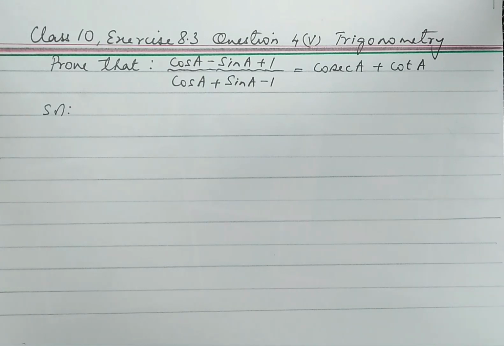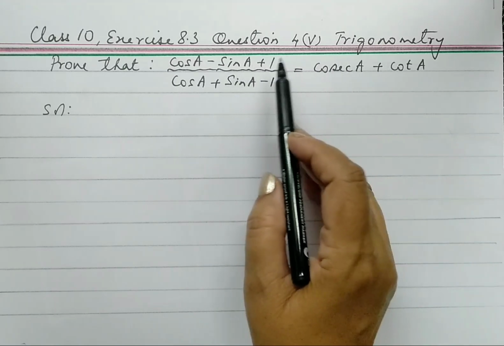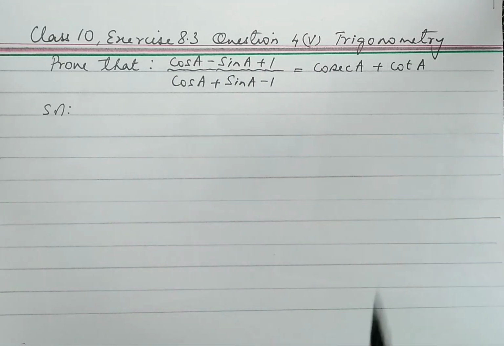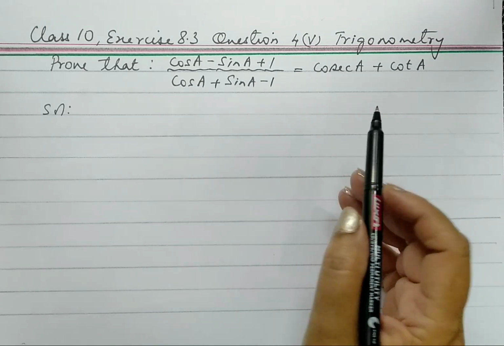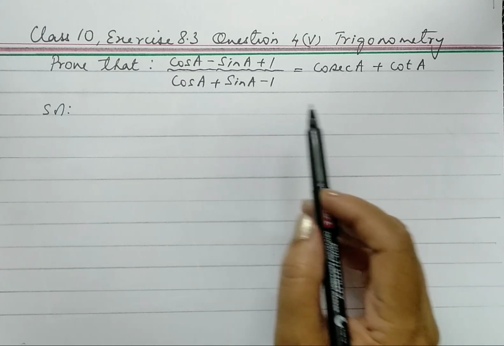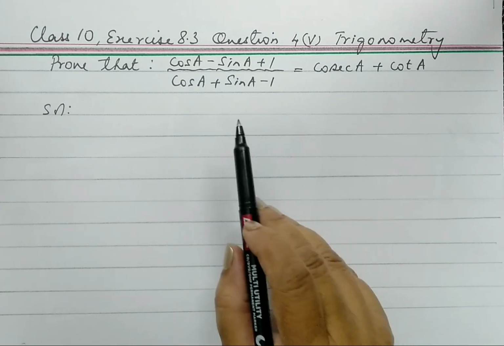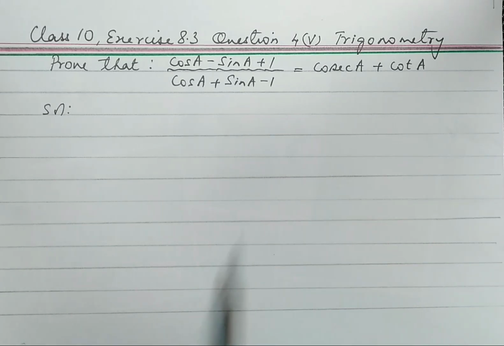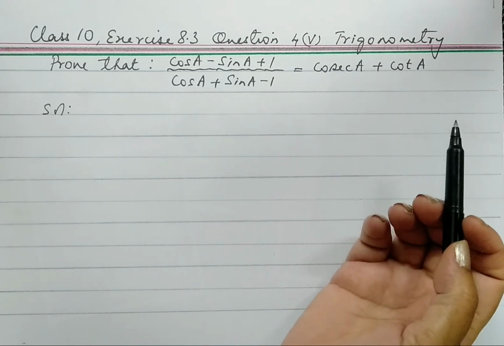Hi guys, so today we have class 10's Trigo question number 4 of exercise 8.3. Now nobody likes this question much because it is not very straightforward. About 98%, even 99% I should say, are not able to solve it unless they are prompted to do it in a certain manner.